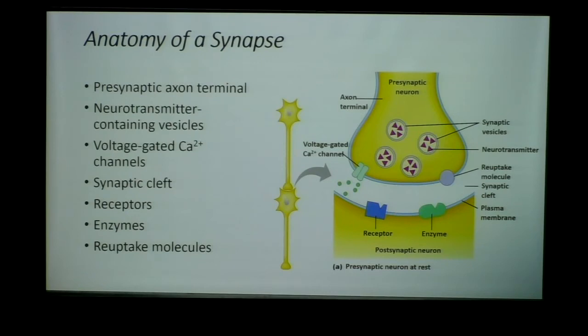We also have reuptake molecules. So there's another option for those excess neurotransmitters. We can simply reuptake them into the axon terminal. We can recycle them, repackage them into a new vesicle, and instead of wasting some of that neurotransmitter, we can repurpose it, okay? So those are some options for what happens to the excess neurotransmitter at the cleft.